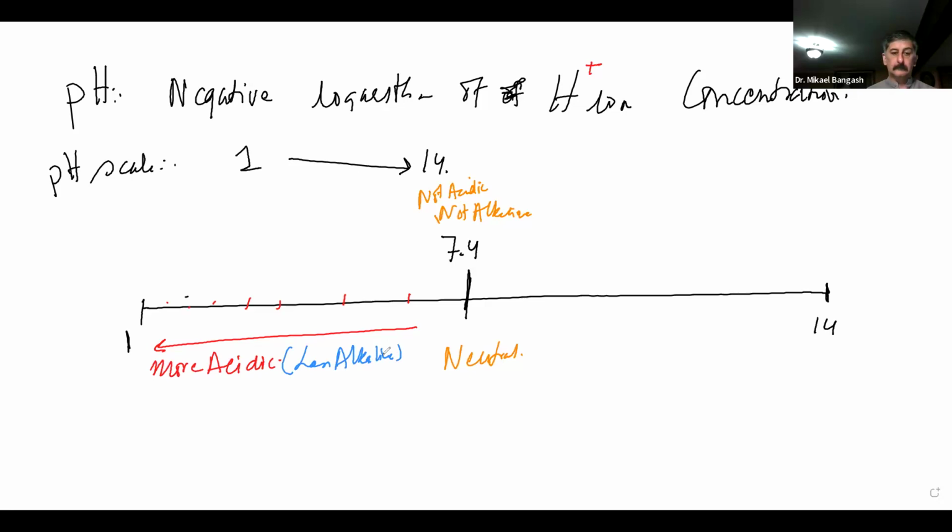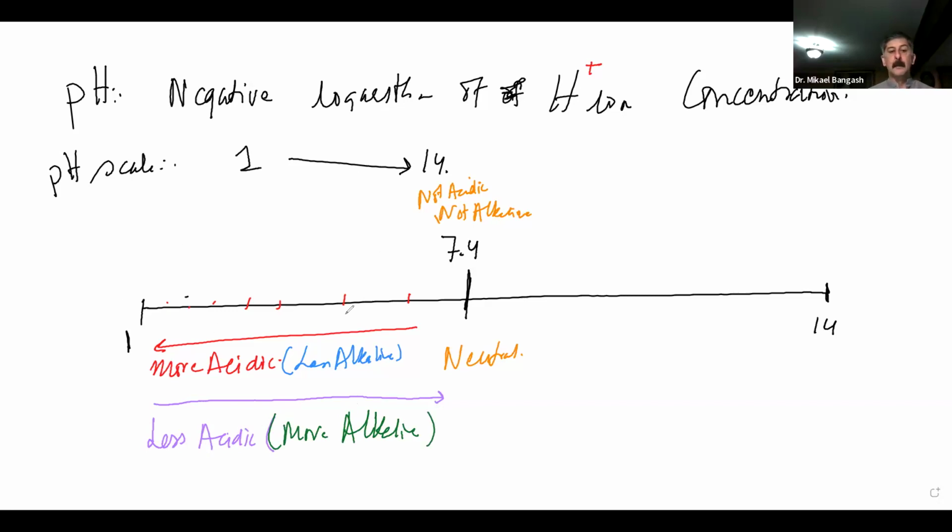Whereas if we compare the pHs from 1, 2, 3, 4, 5, as we go in this direction here, it is going to become less acidic. And if something is going to be less acidic, it is considered to be more alkaline.